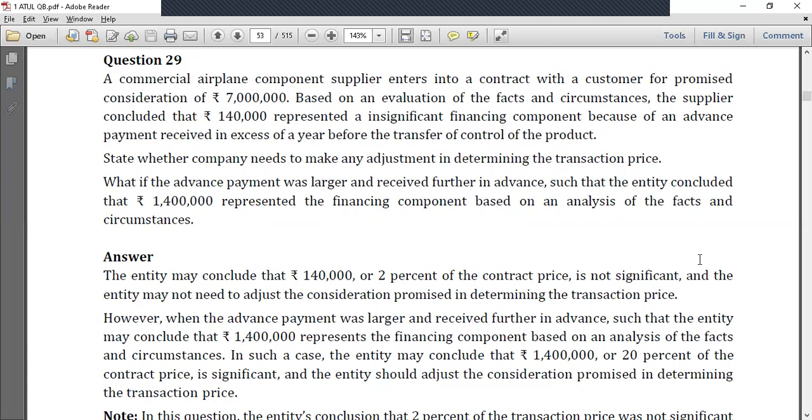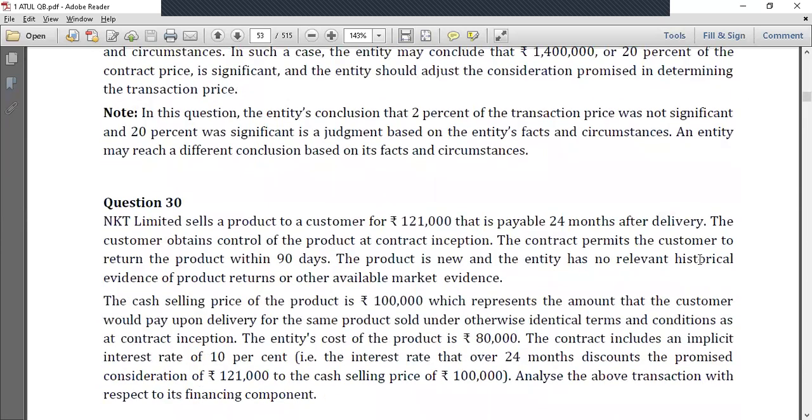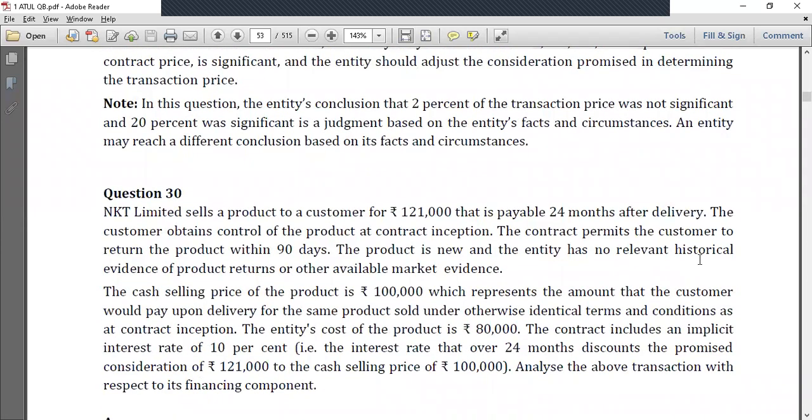As it is considering it significant, it has to adjust the consideration promised in determining the transaction price.